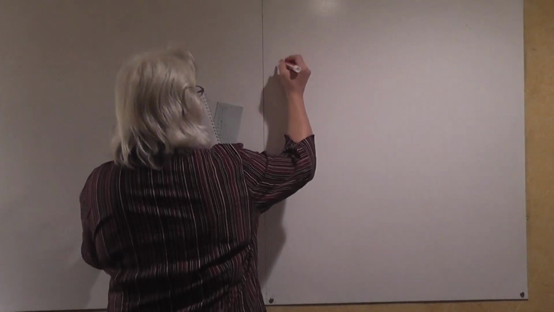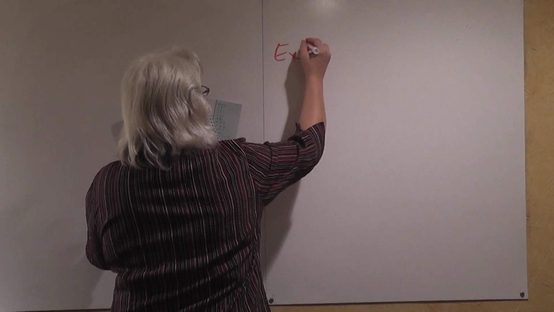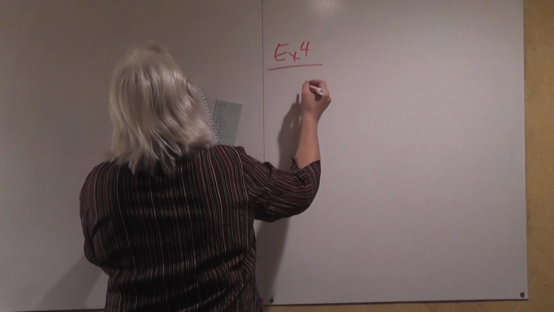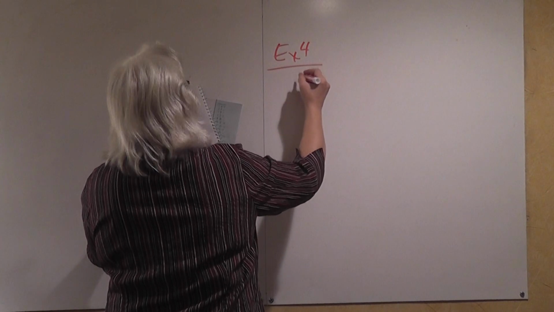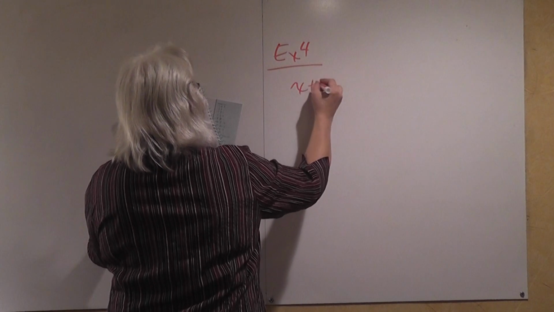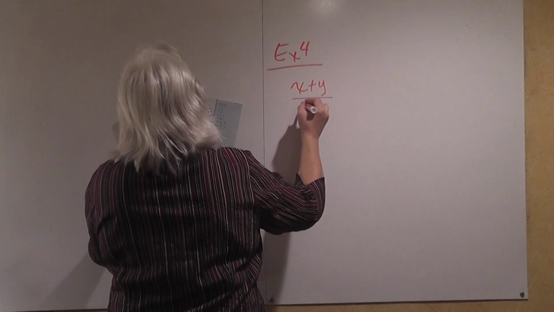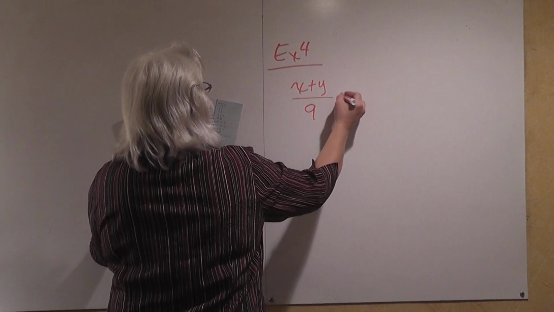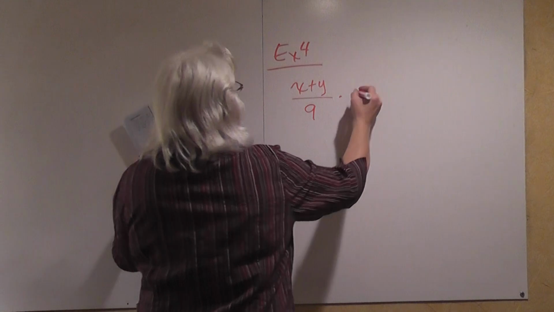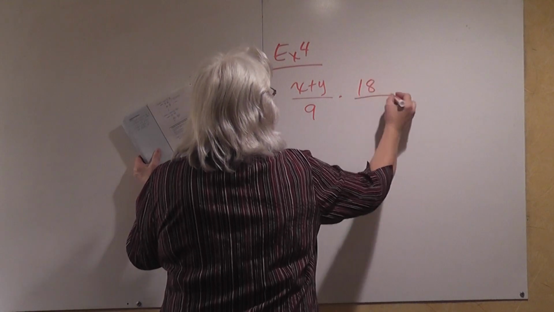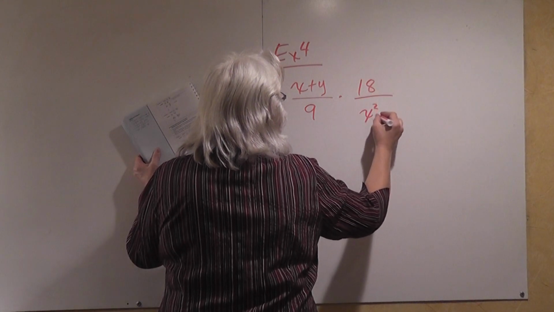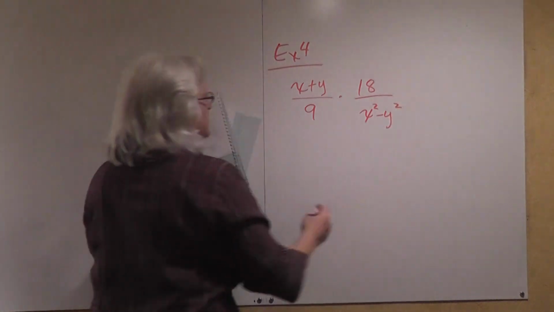This first example that they give to us here is example 4. This is found on page 486. We have x plus y divided by 9 times 18 divided by x squared minus y squared.